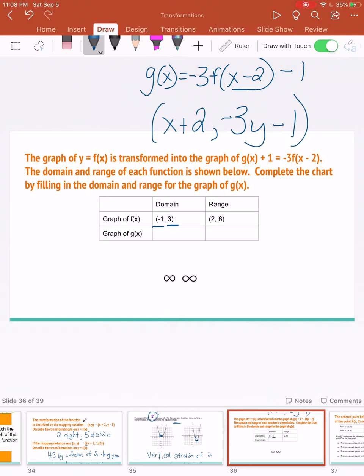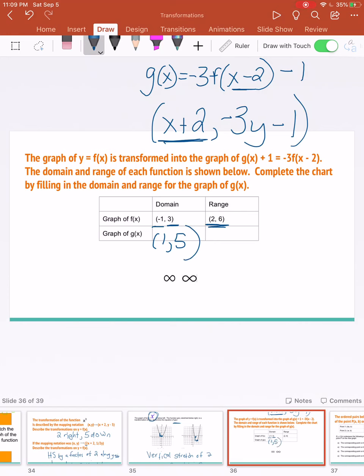So this is not an ordered pair. It's your domain written in interval notation, right? So they're both x values. So you're going to apply both of them to the x mapping coordinate. All right, so negative 1 plus 2 gives me positive 1. And then 3 plus 2 is positive 5. So my new domain should be 1, 5.